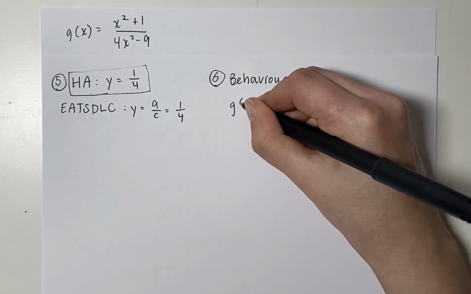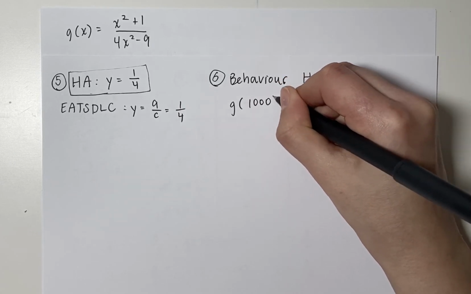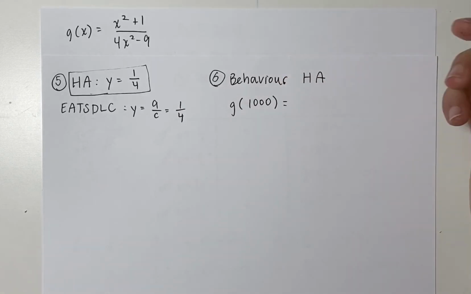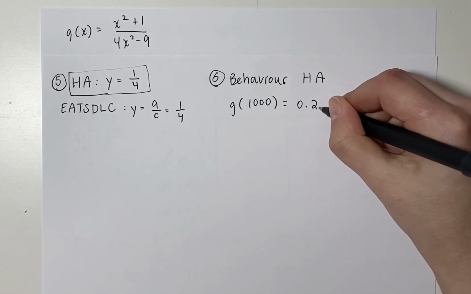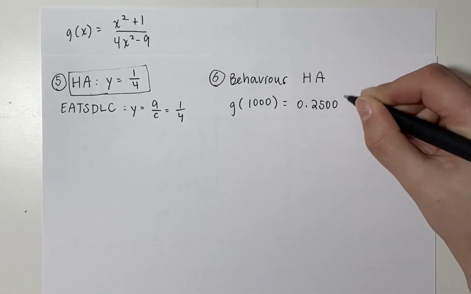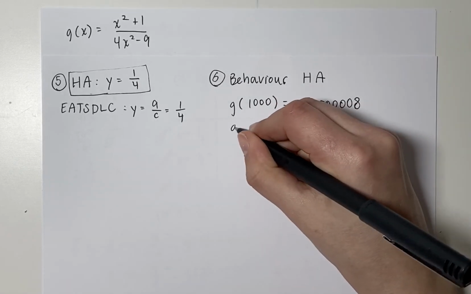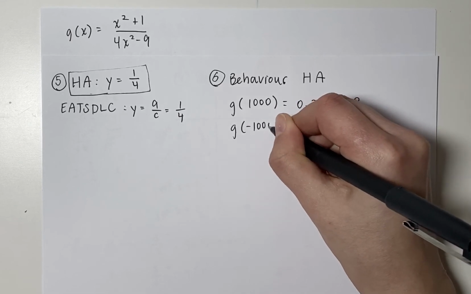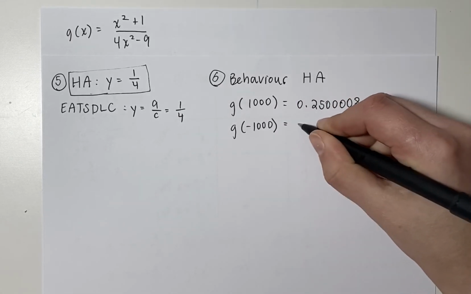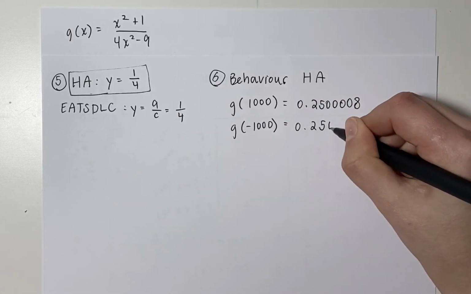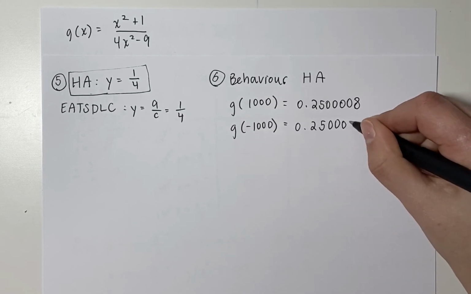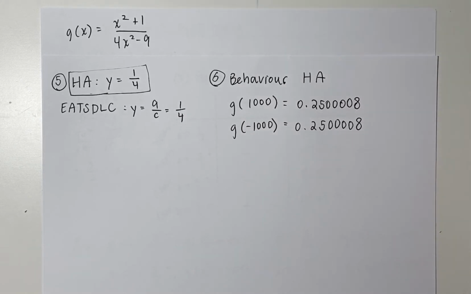So we're going to pick x equals 1000. If you plug that into our function, you'll get 0.2500008. And if you get g of negative 1000, you get 0.2500008.